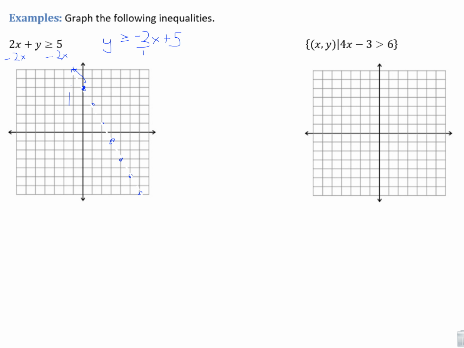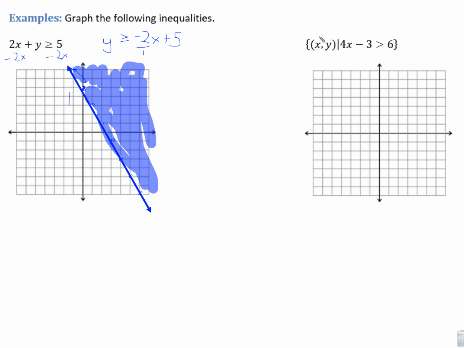Solid line, going through those points. And then we want to shade. It's greater than, so we shade above the line, so higher than the line, so that ends up being this part of the graph over here. And so we can shade all of that in, and that is the solution to that inequality. So any point on the line or in the shaded area would make this inequality true.